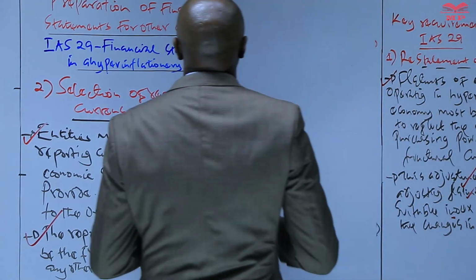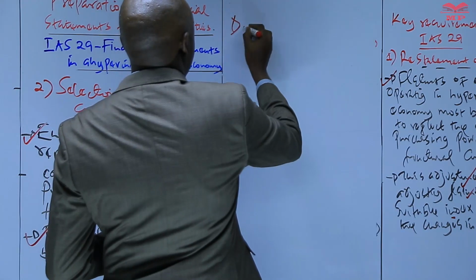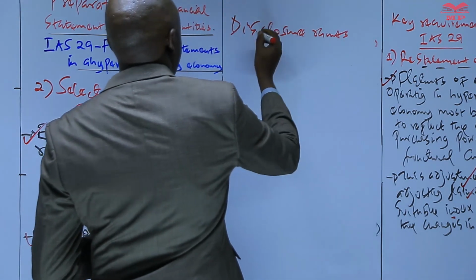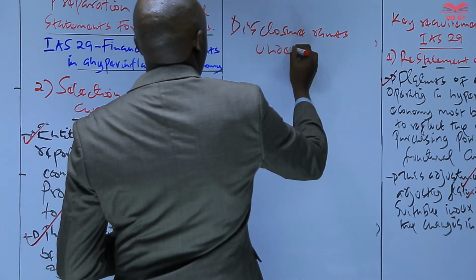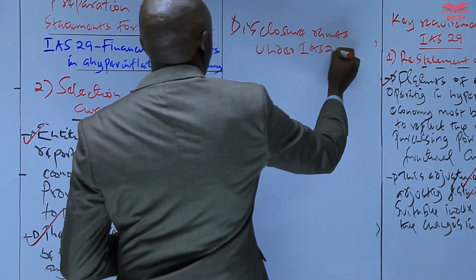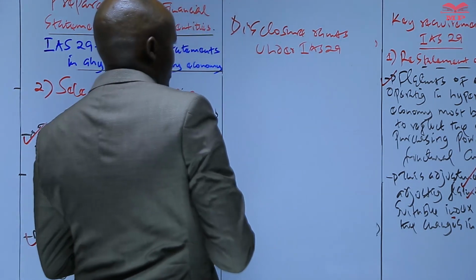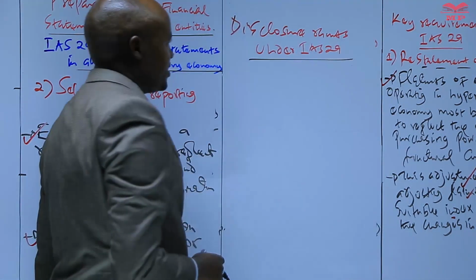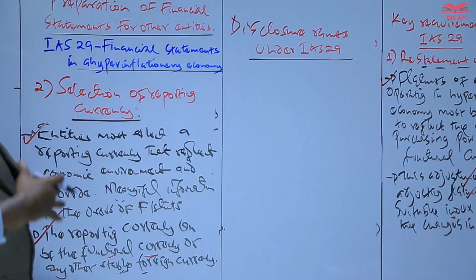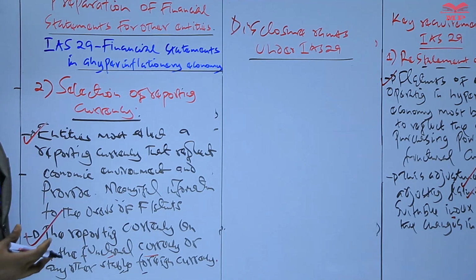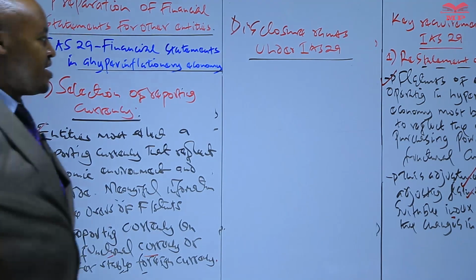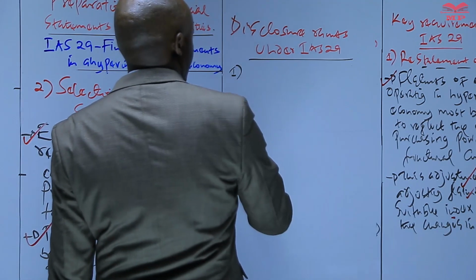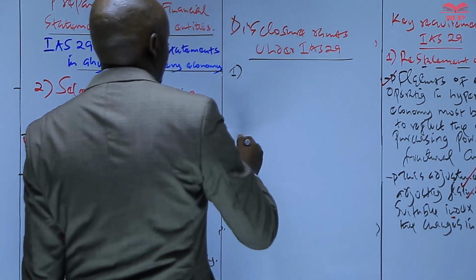Finally, I want us to look at the disclosure requirements under International Accounting Standard number 29. Here we are talking of the information to be disclosed by entities. Companies are required to disclose the following details.